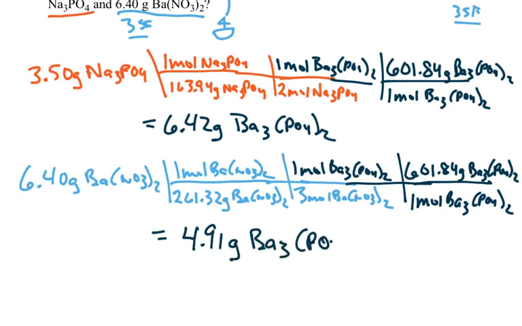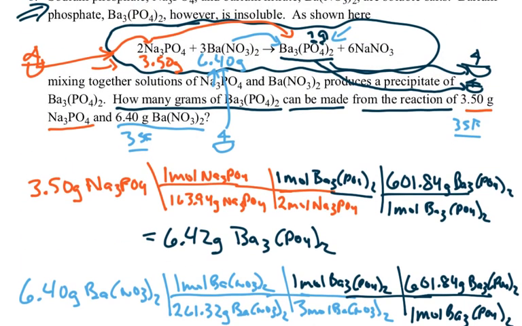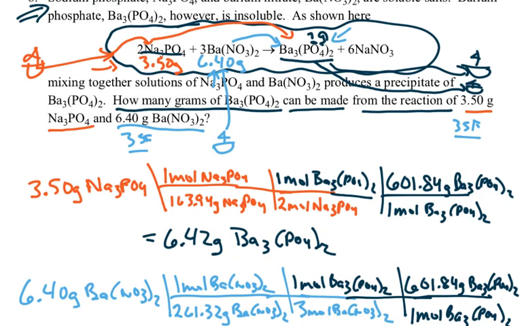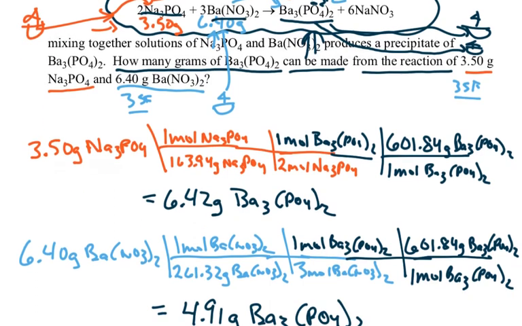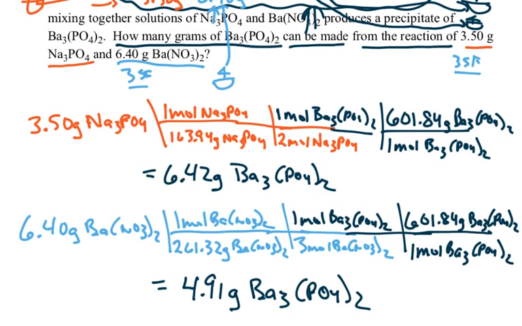Okay, and without getting into this too much, I don't want you to think about this too much. Common mistakes here. People add these two numbers together because they think you're going to make both of those. It takes both of these things to make this product. You can't just add this one and make that much with nothing else, and then add this one and make that much with nothing else.